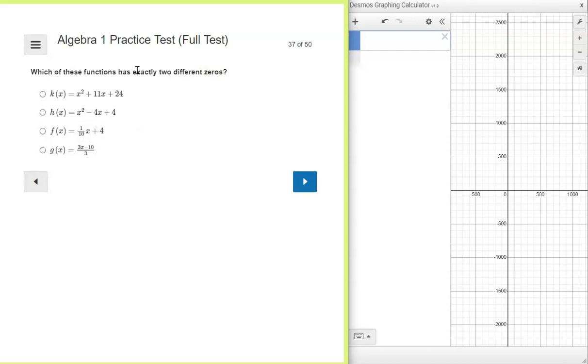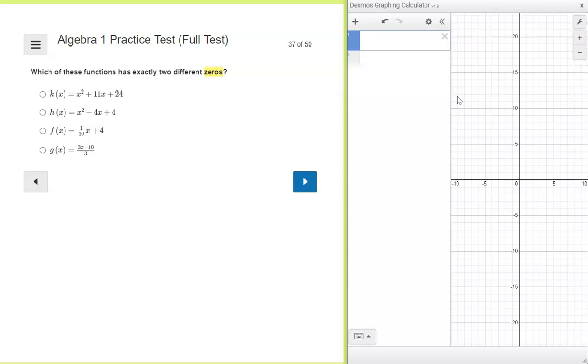Which of the two functions has exactly two different zeros? So I would highlight the word zeros as my vocabulary word, and zeros just means x-intercepts. I think of them as x-intercepts because that's where your function is equal to 0. Anyway, when I'm reading this question, I'm reading it as which of these functions has exactly two different x-intercepts.